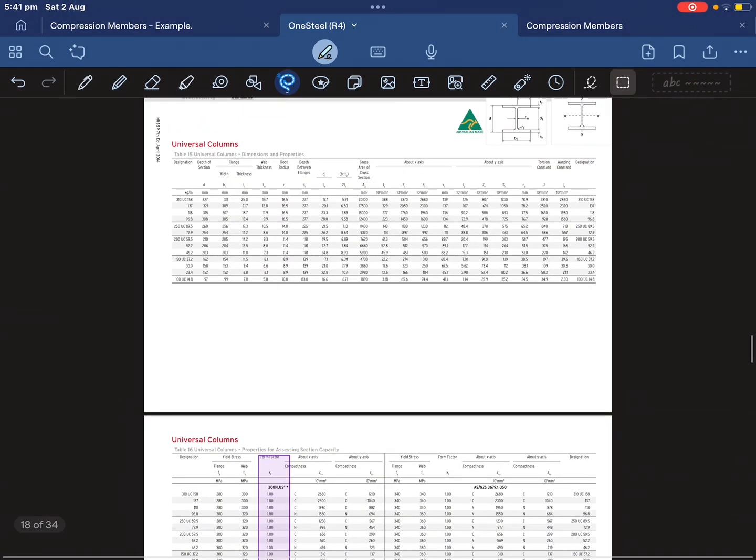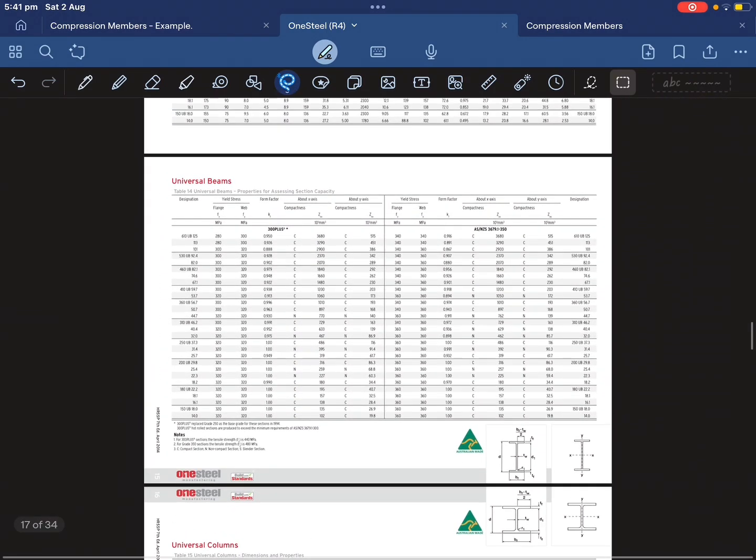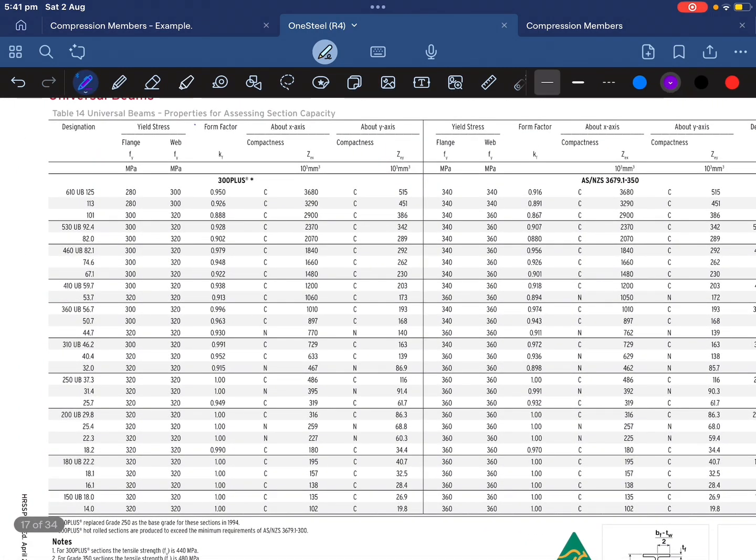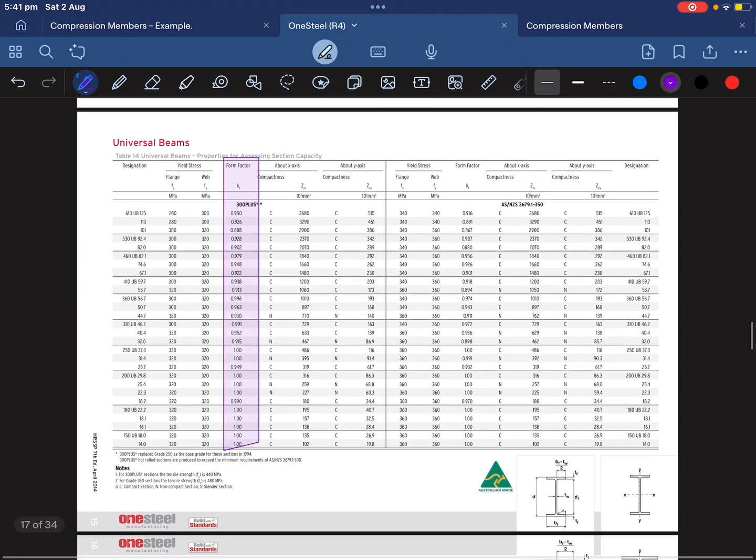And then if I come here to universal beams, you can see that the form factors, some of them are 1, but as soon as you get past 250 UB, they're all less than 1, right? So that means that the section capacity gets reduced a little bit.